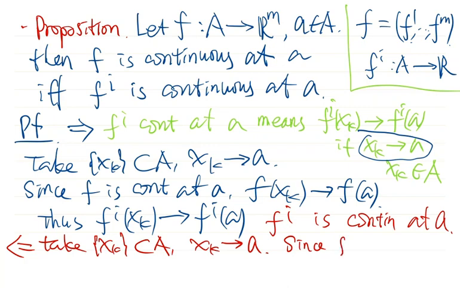Since fi is continuous for every i, here I will emphasize that this needs to be true for all i, i is 1, 2, up to m. Otherwise, the result is not true.